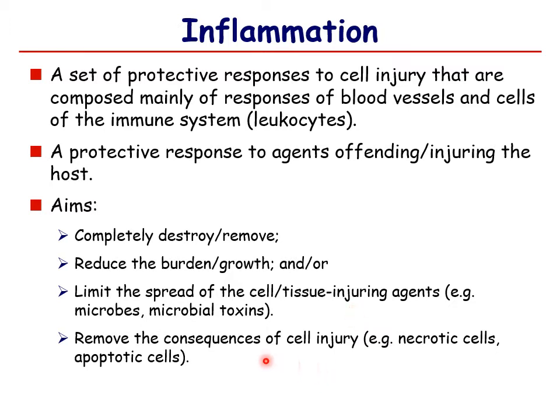Also, the aim is to remove the consequences of cell injury. In other words, necrotic cells and apoptotic cells that result from the inflammatory response, as well as from the invading and offending agents, are also removed by the inflammatory response.